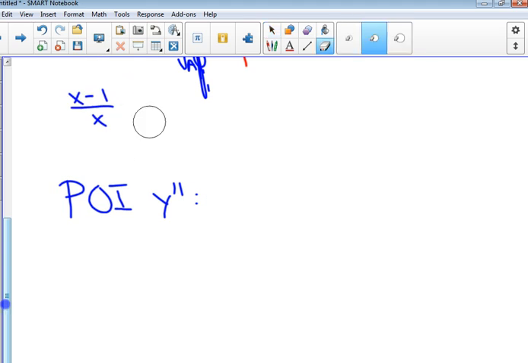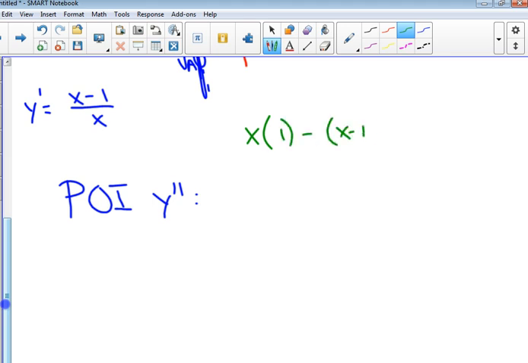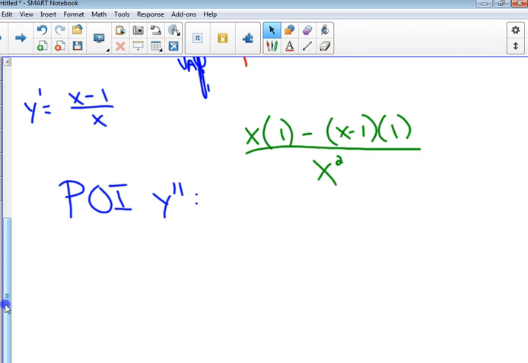Yeah, we have to use the quotient rule. It's just going to be negative 1 over x squared. Or no, 1 over x. Just make sure you distribute this through.